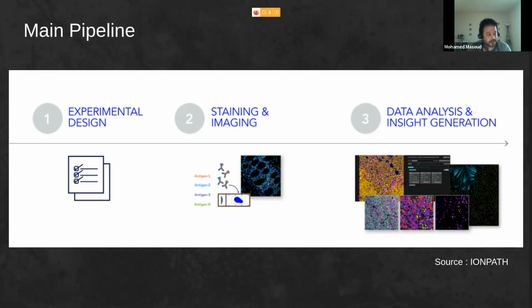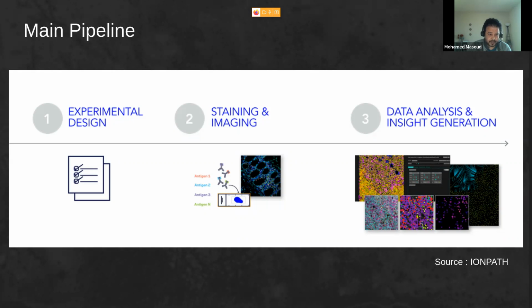Then, based on the needs of your experiment, there will be a staining and imaging stage using some microscopy technology and some antibody and antigen panels based on your requirements. Steps 1 and 2 end with an image in most cases, like in the Codex case. From there, we can start our data analysis and insight generation.